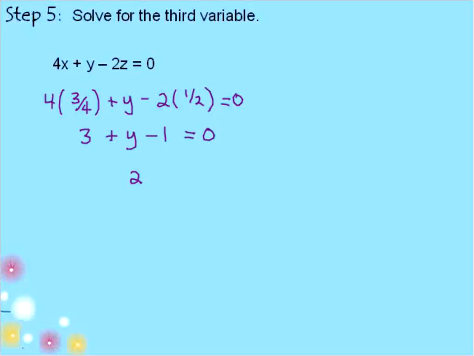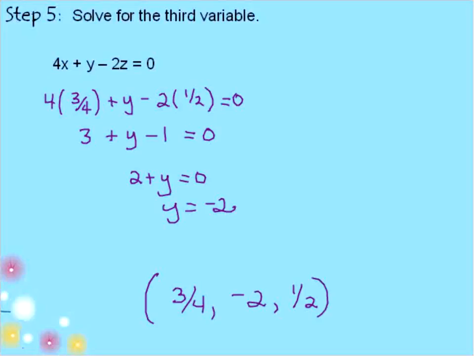That gives me 2 plus y equal to 0, and that gives me y equal to -2. So my ordered triple here is 3/4, -2 for y, and 1/2 for z.